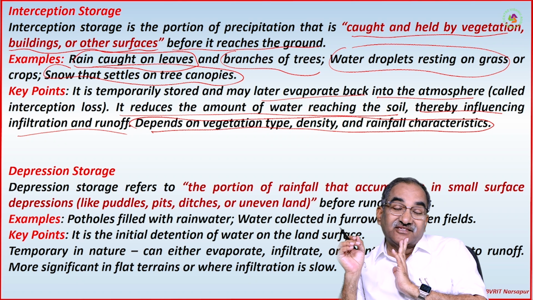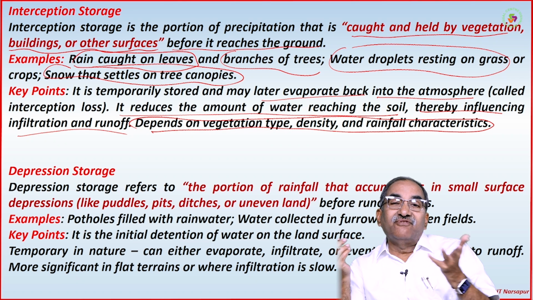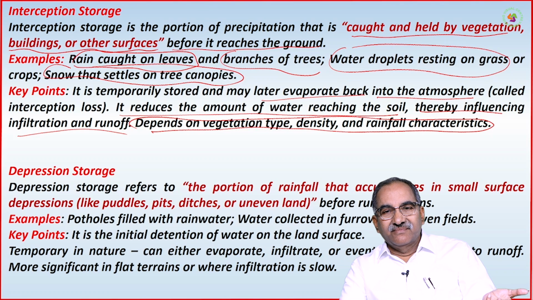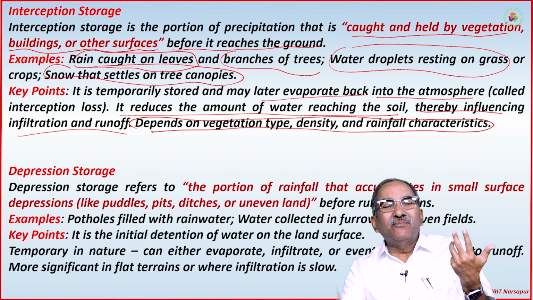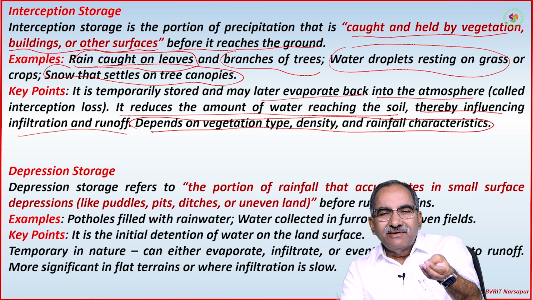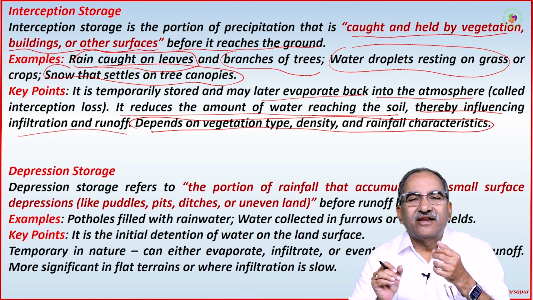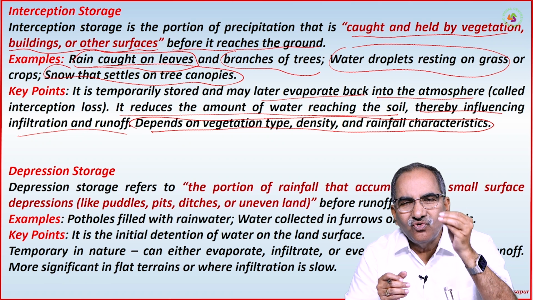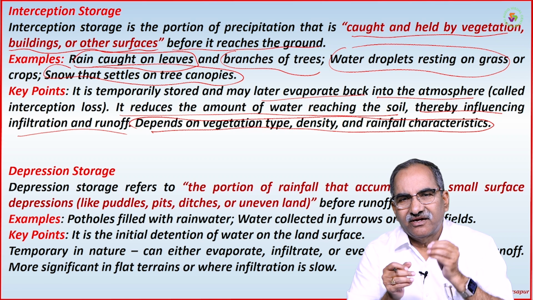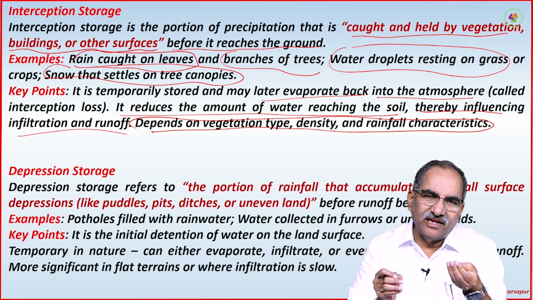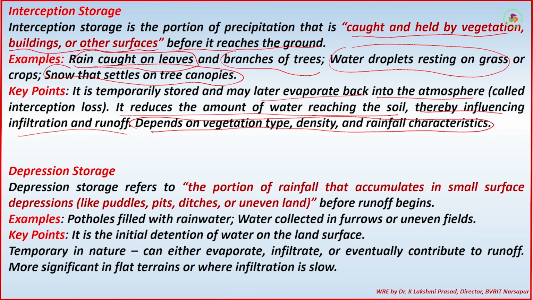How much interception storage depends on vegetation type and density. If more trees are there, a little more interception storage may be there. If the rainfall is slow or takes a long time, a little more may be there. Coming to the second one, depression storage.